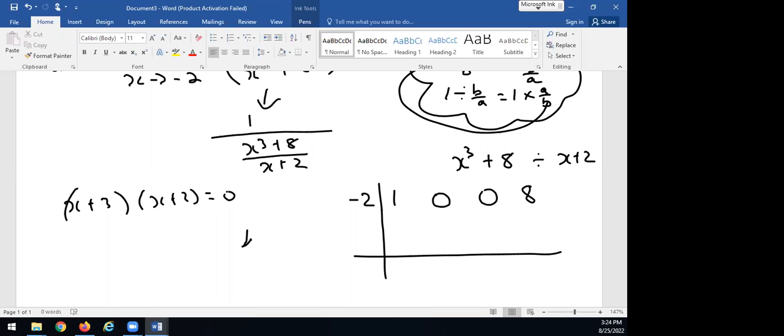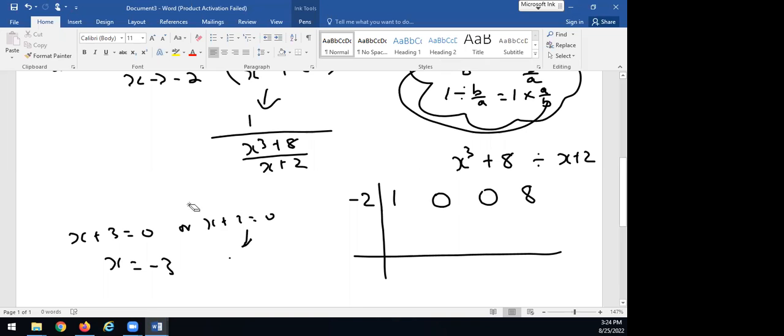So this means that you're going to have x plus 3 equals 0, or x plus 2 equals 0. So what is x equal to here? Negative 3, or x equal negative 2. Right. So the sign always changes for the actual value of x. That's what I was trying to bring up. Let me just erase this. That's what this is, a refresher.